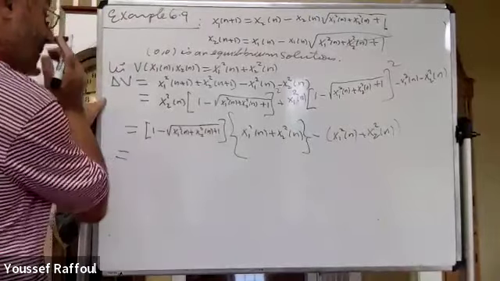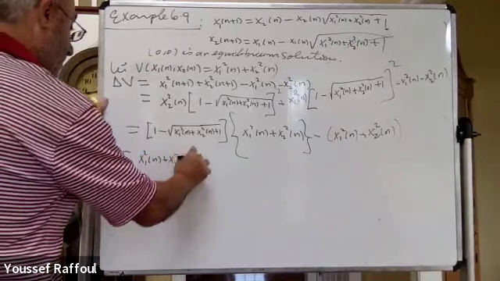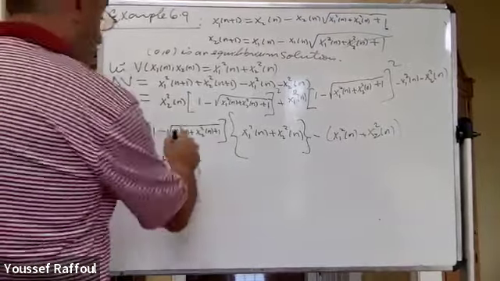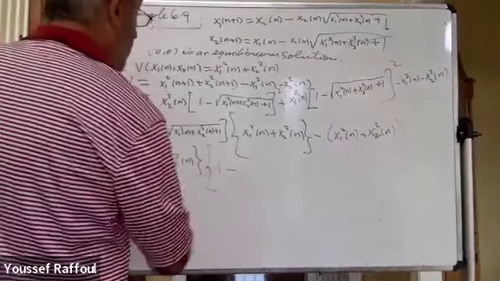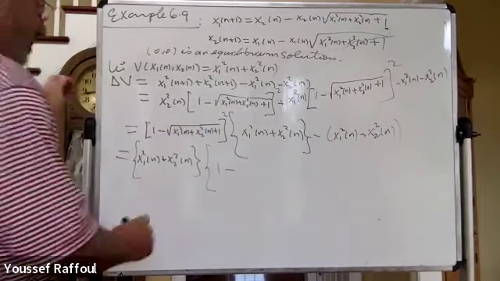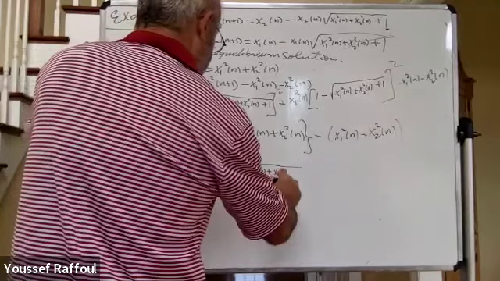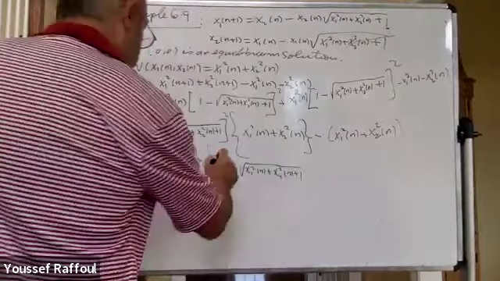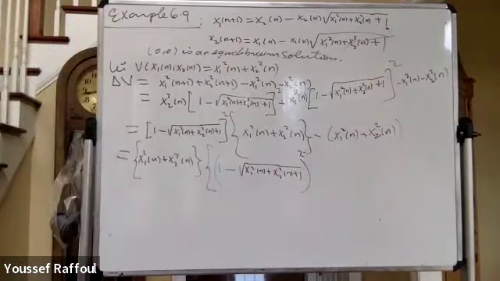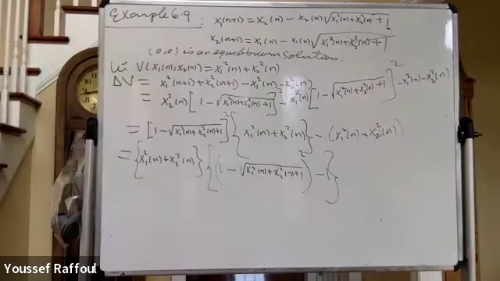So that is x1 squared of n plus x2 squared of n, and then it's going to be 1 minus, oh, by the way, this is a square, sorry, 1 minus the square root of x1 squared of n plus x2 squared of n plus 1, squared, and minus 1. You see what happened?